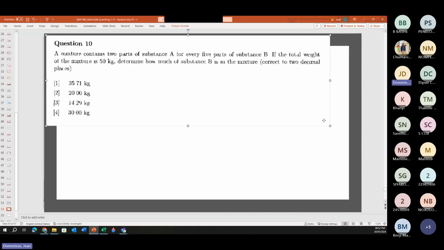And yeah, it's always printed exam papers, not the easiest ones to read.